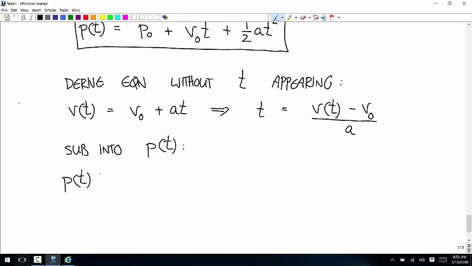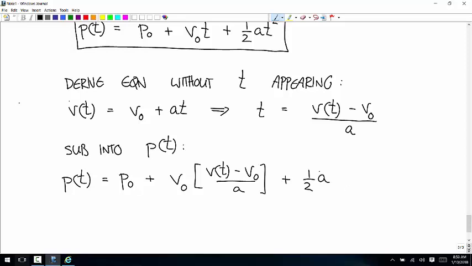So the position as a function of time is equal to p sub 0 plus v sub 0 times time, but now we're going to substitute in this thing, plus 1/2 times acceleration times that thing squared.